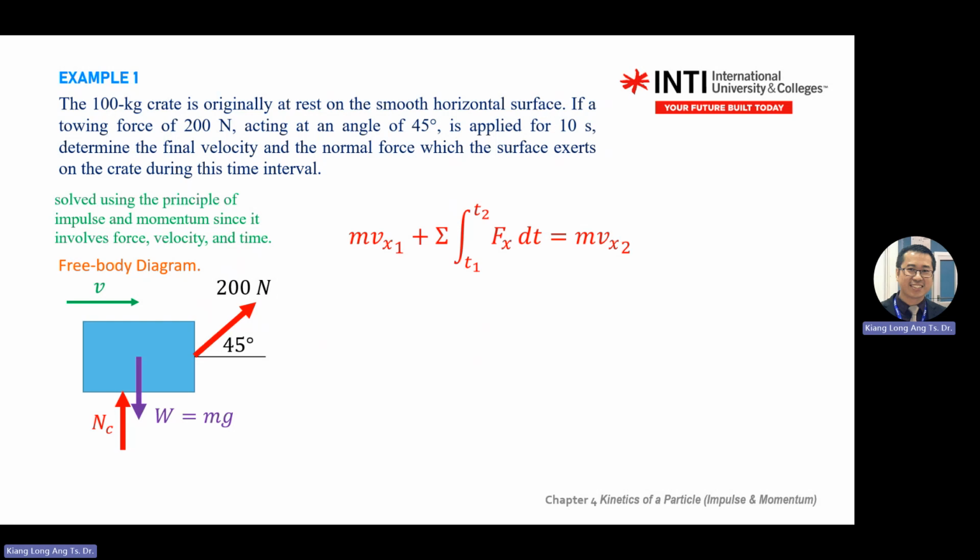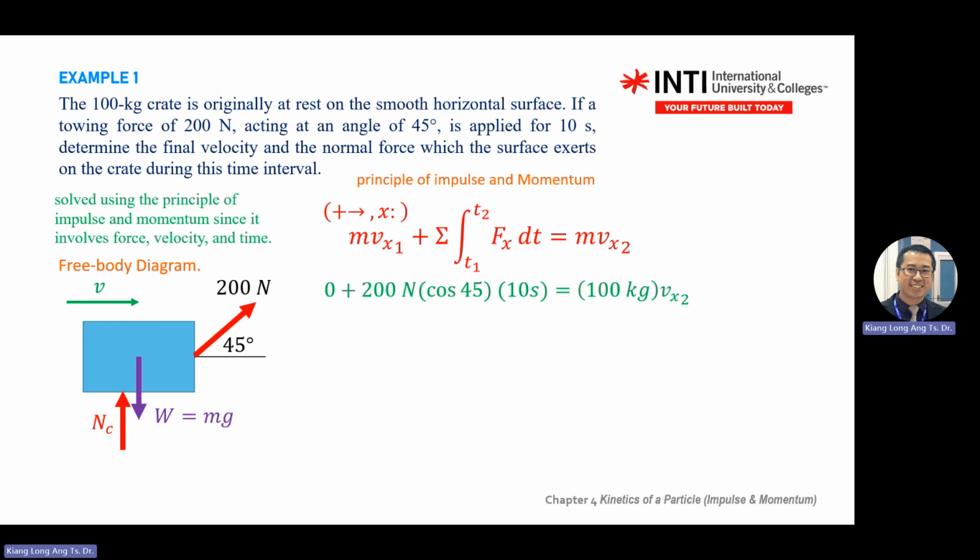M is 100. V2x you don't know, but V1 you know. Originally at rest, so V1 is 0. Remember to give direction.